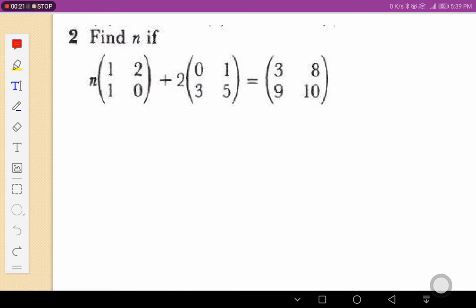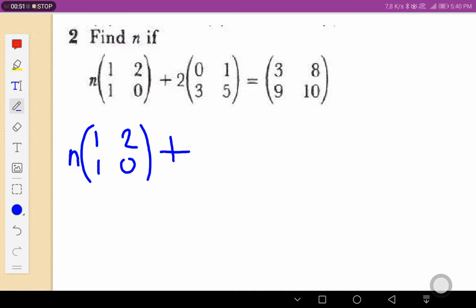So what we do, we've got 2 here. So we are going to multiply. This 2 is a scalar. We are going to multiply it inside the matrix, each number with 2 and get a value. Okay, let's do that. So I'll have n bracket 1, 2, 0.